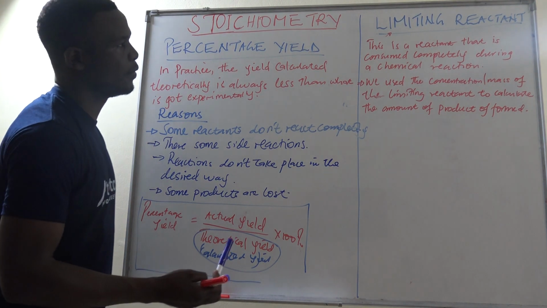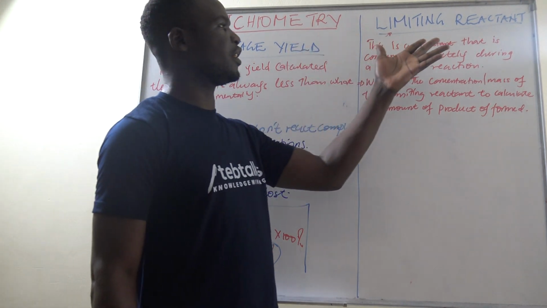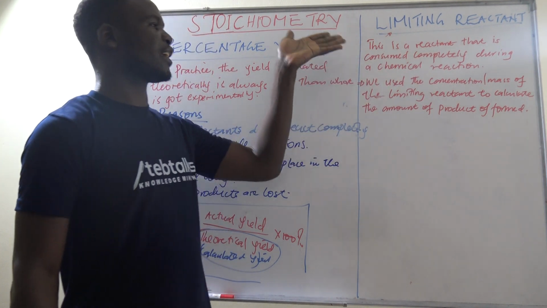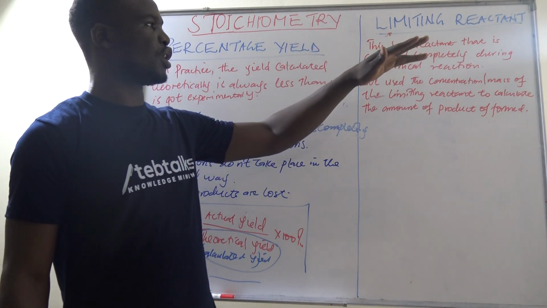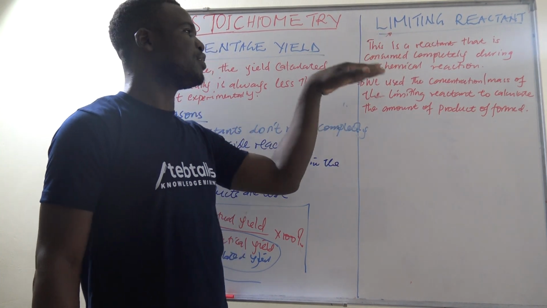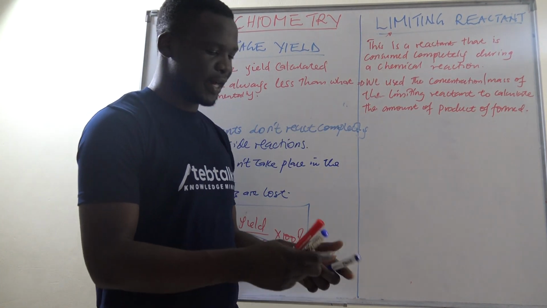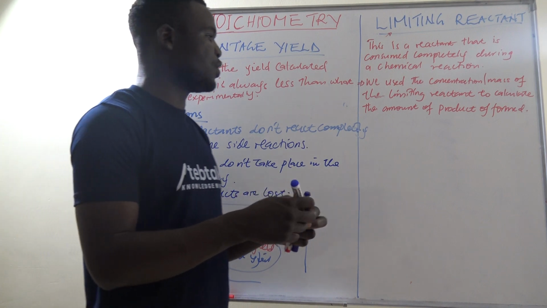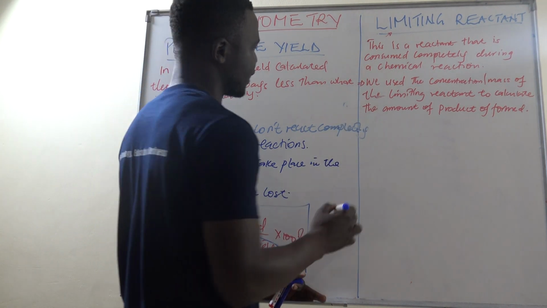And then we looked at a limiting reactant. We say that this is a reactant that is consumed completely during a chemical reaction. Now, how do we deduce that something is a limiting reactant?